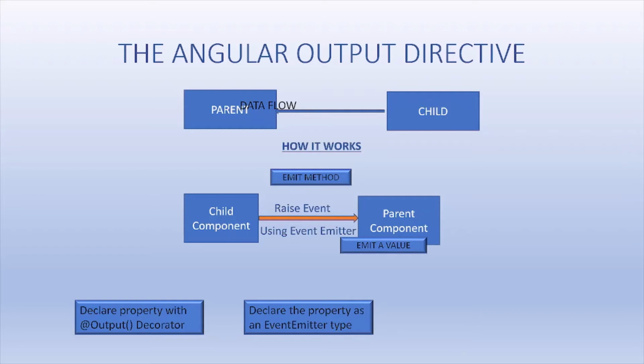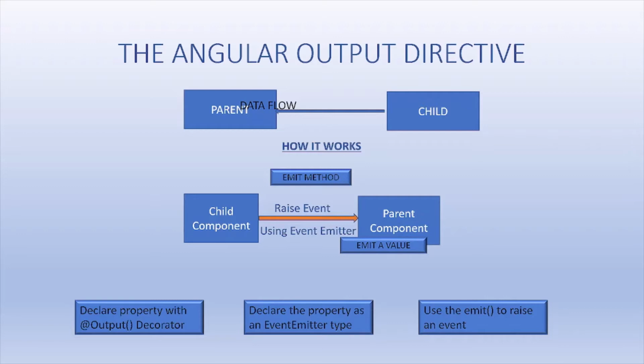And once we create an instance of the event emitter class, we have access to the methods of that class, and then we can use the emit method to, like I said, not only raise the event, but communicate the value to the parent component. So I hope the way the Angular output directive works is clear.